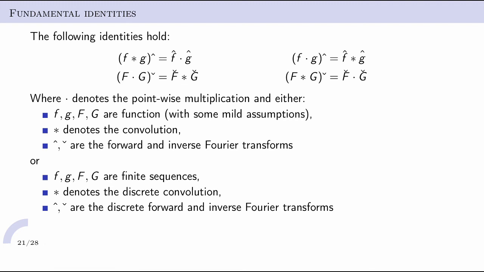So if we start with a convolution and we compute the Fourier transform, we arrive at the pointwise multiplication. If we start with a pointwise multiplication and we compute the Fourier transform, we arrive at the convolution. And it is true whichever we take: the analytic Fourier transform and analytic convolution, or the discrete Fourier transform and discrete convolution.